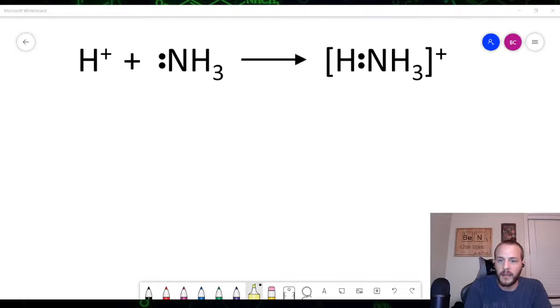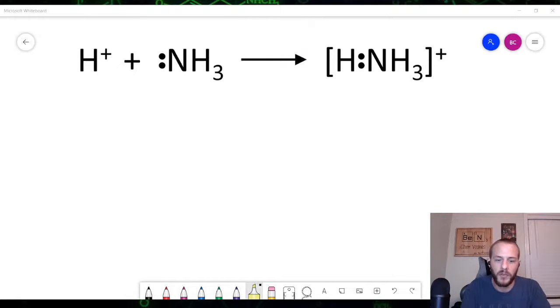And I've sort of drawn it like this as a Lewis dot structure, with the hydrogen bonded to the nitrogen, with this pair of electrons illustrating the chemical bond between the hydrogen and the nitrogen. So a proton plus ammonia, and you get ammonium ion, NH4+.